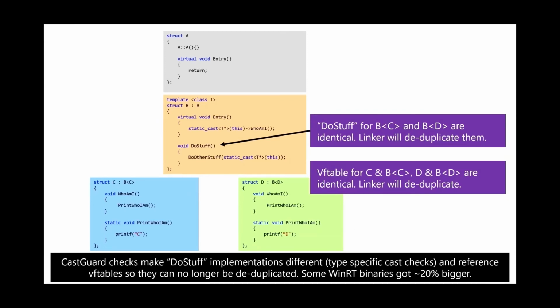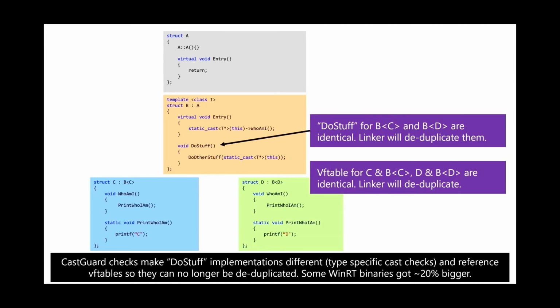And so the linker looks at that and merges it all into one. But when you put CastGuard checks on these downcasts, suddenly you have type-specific downcast checks in all of the different functions. And those functions can now no longer be merged together because one version's doing a cast check for downcasting to C, one of them's doing a check for D, etc. So you get more code.